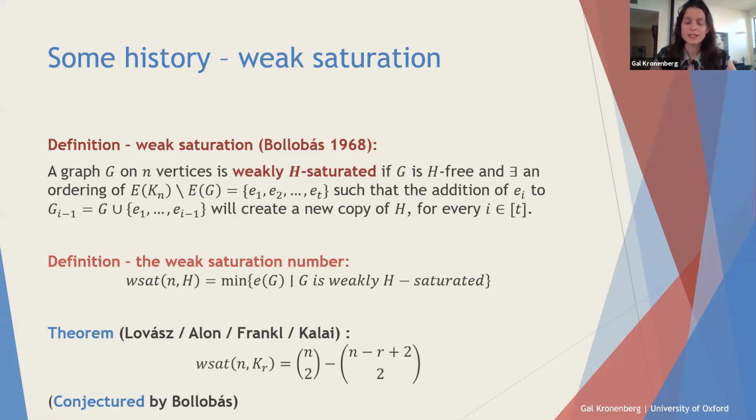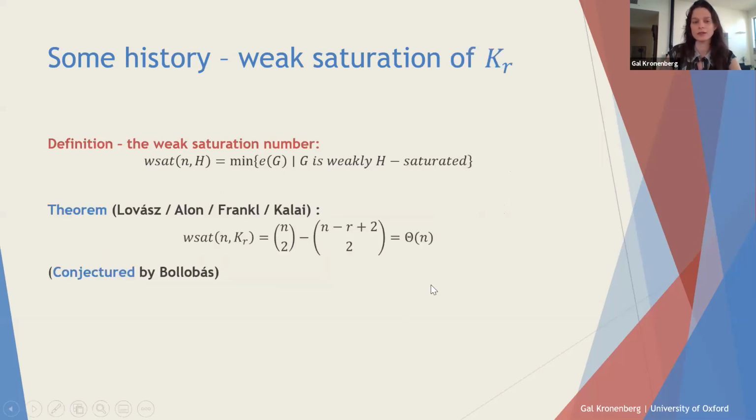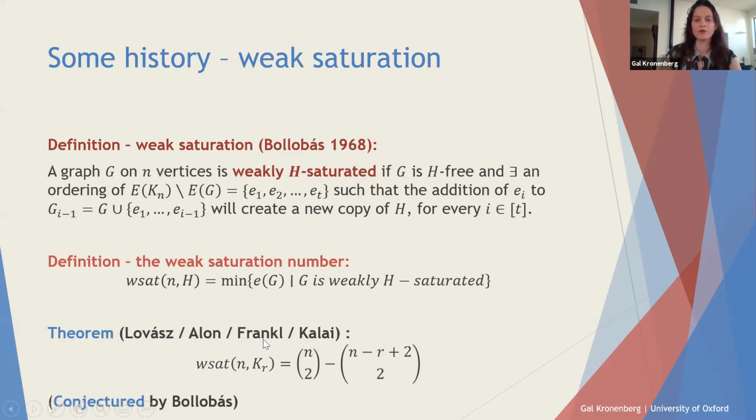Interestingly, they all proved it using algebraic methods, and I think that until today, only algebraic proofs are known for this theorem. They showed that the size of the graph that I showed you before is best possible, so we cannot find a smaller graph.